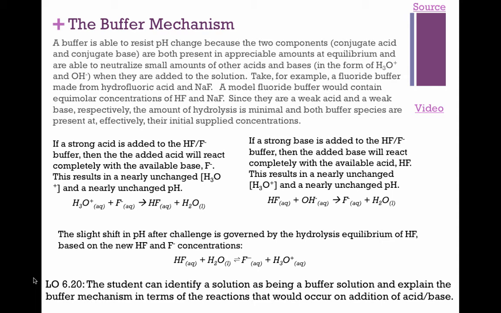F minus. So if we add base, the acid part of the buffer is going to neutralize the base. So HF plus OH minus, we're going to make F minus and H2O. So we make more of the F minus, but that's okay because we haven't changed the pH. If we add acid, the F minus is going to react with the acid to make more HF. That's the whole point of a buffer, is to not change the pH very much.